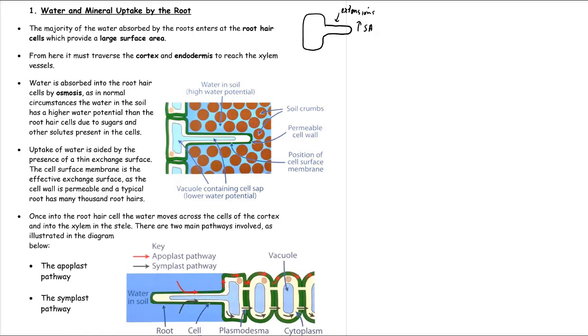So water enters through the root hair cells, which by the way are found on the epidermis. From here it must traverse the cortex and endodermis to reach the xylem. Water is absorbed into the root hair cells by osmosis, as in normal circumstances the water in the soil has a higher water potential than the root hair cells due to sugars and other solutes present in the cell.